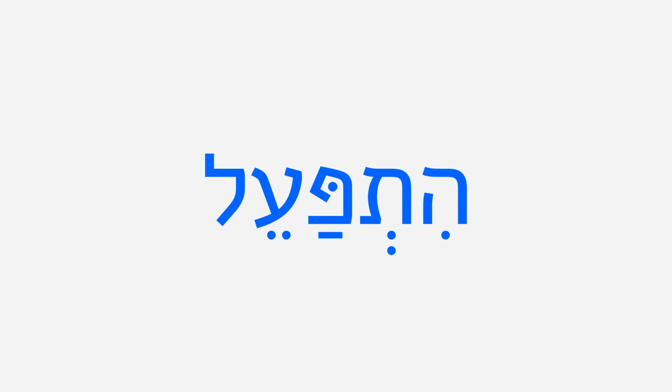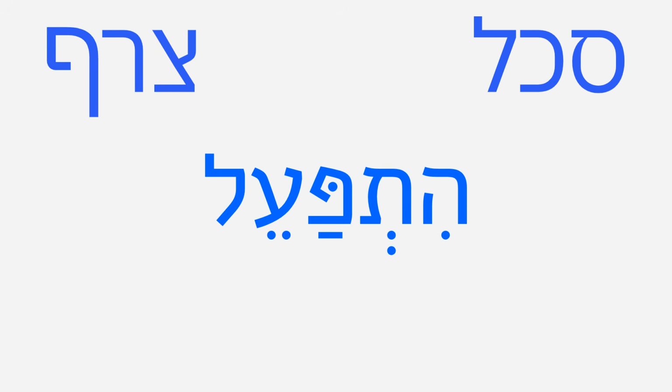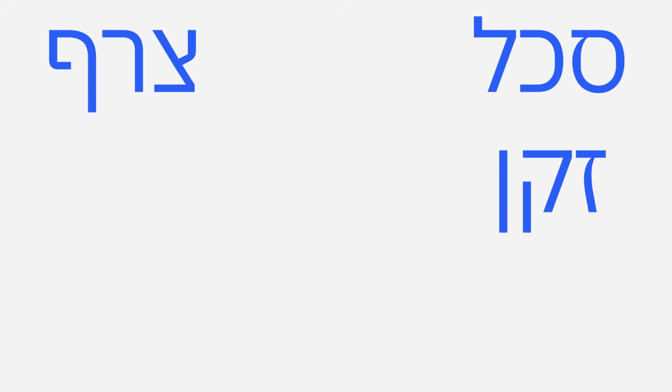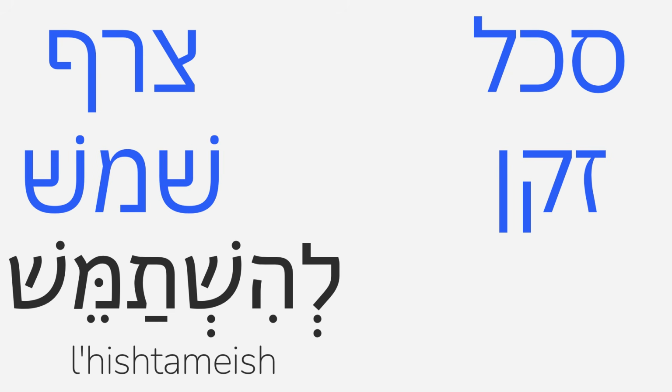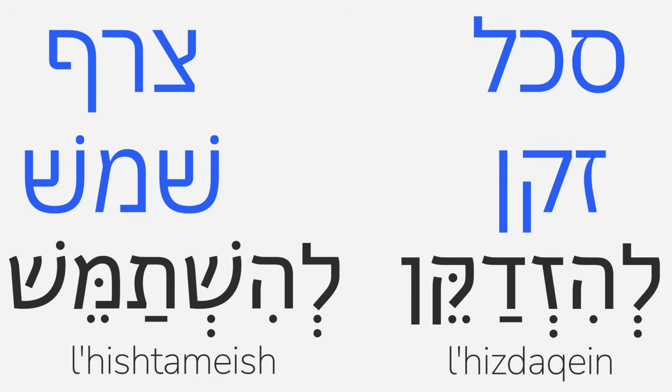Today, we're going to start by learning two new roots that are used in the Hitpael, Samech Kaf Lamed and Tsari Resh Pe. Last time, we learned that when the first root letter of a Hitpael verb is Zain, Tsari, Samech, or Shin, that verb will be irregular. Then we saw the verbs lahishtamesh, to use, whose root starts with shin, and lahizdaken, to get old, whose root starts with zain.